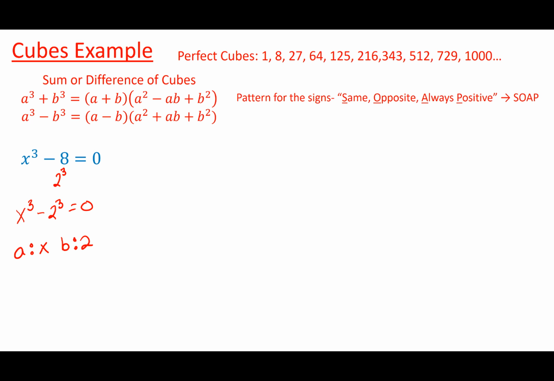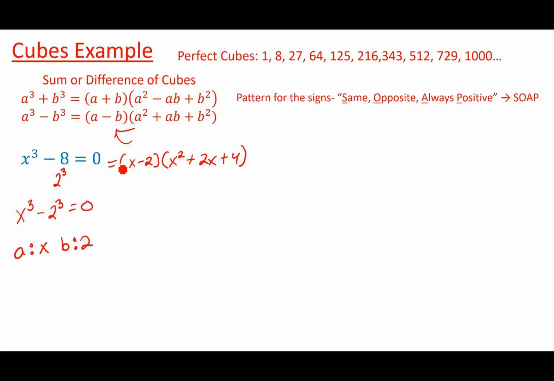So first off, identify your A and B, and then you can fill into your formula. It's a difference of cubes, so we're going to be working with this one up here. My first set of parentheses will be x minus 2, x squared plus x times 2, which is 2x, plus 2 squared, which is 4.